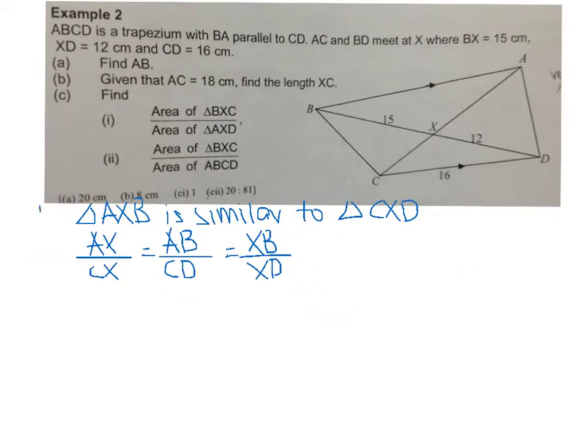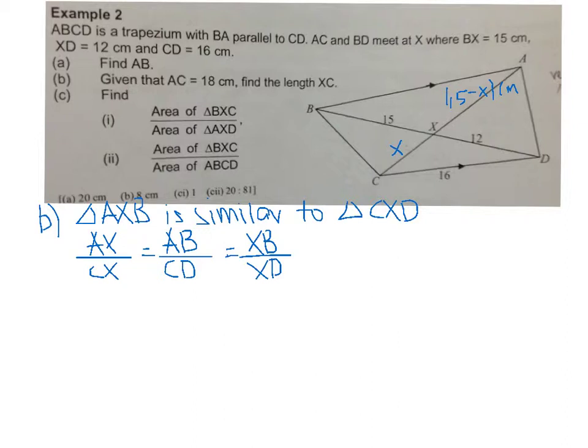Okay, for the next part, part B, now we are given that the length of AC, which is this whole length over here, is 18 cm. We need to find the length of XC. So you see that since AC is across two similar triangles, what we need to do is label XC, the unknown, as X. So if XC is X, AX will be 15 minus X. So with this, we can fill it into our ratio.